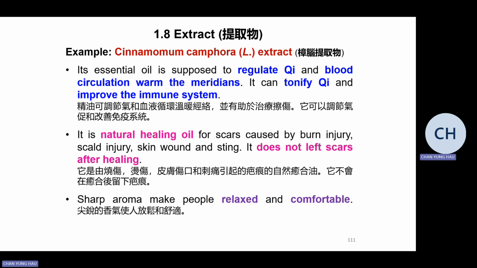Of course, it is also a natural healing oil for scars, especially after surgery, so it does not leave any scar after healing. The smell of this extract will make people relaxed and comfortable, so it can be used as aromatherapy.